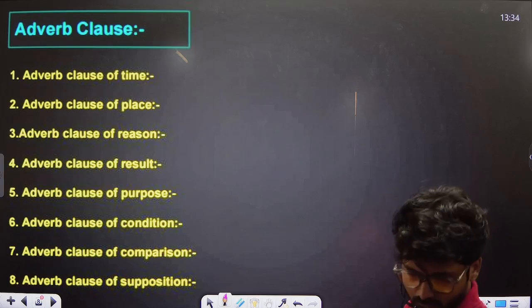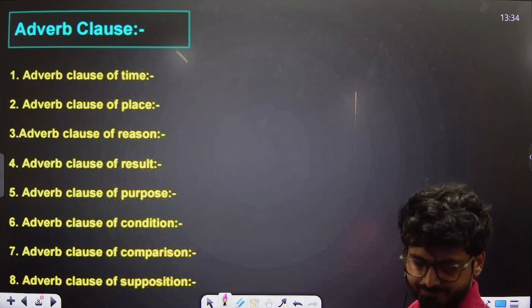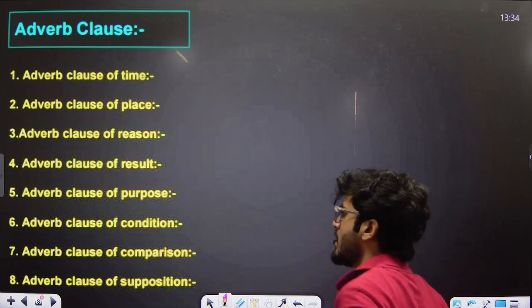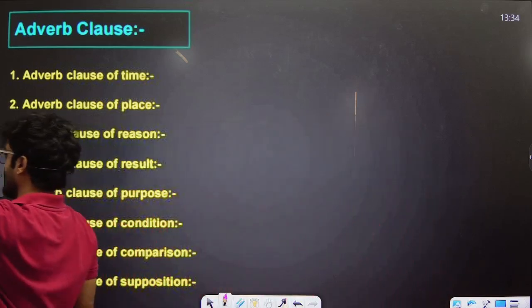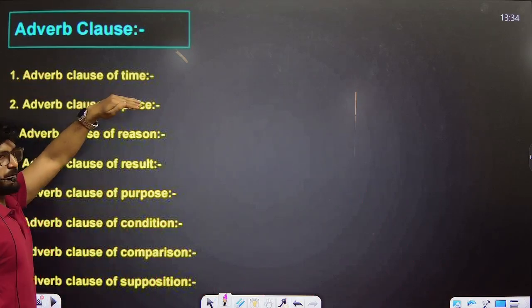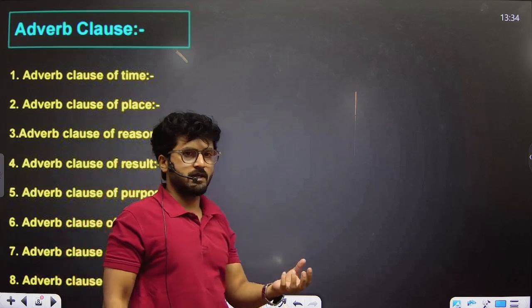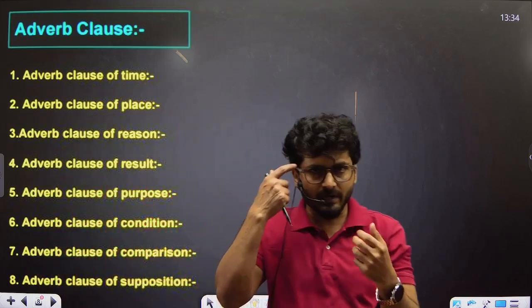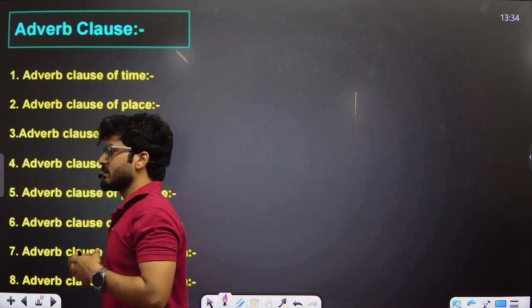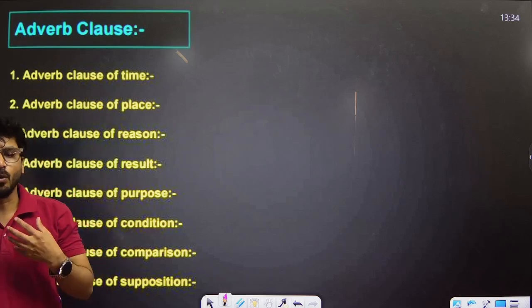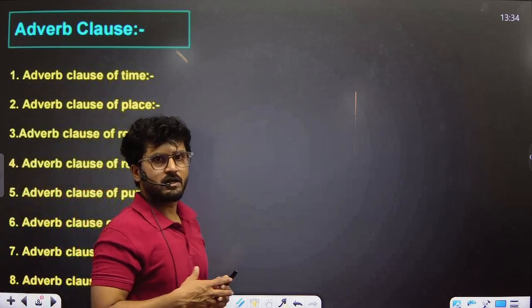Noted? Adverb clause of time will be talking about time. Time references will be given: when, after, since, before. For place, you will get when, whenever, wherever. Got it?